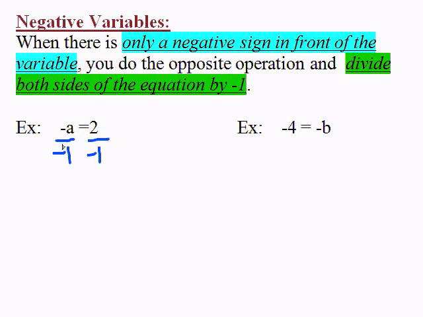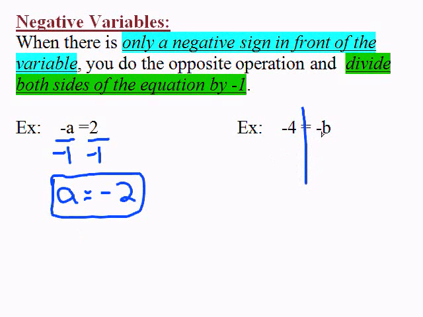Let's see what happens. Negative a over negative 1 is a positive 1a, or just a, because a negative over a negative is a positive. 2 divided by negative 1 is negative 2. And we're left with our solution, a equals negative 2. Other example, negative b equals negative 4. Divide both sides by negative 1 to get rid of that negative from the b.